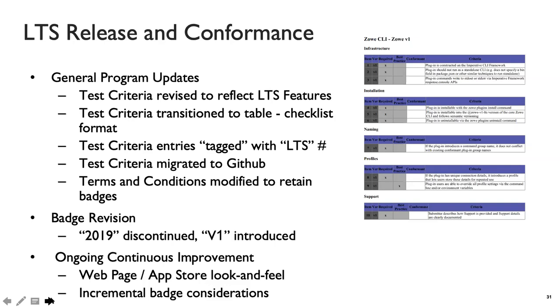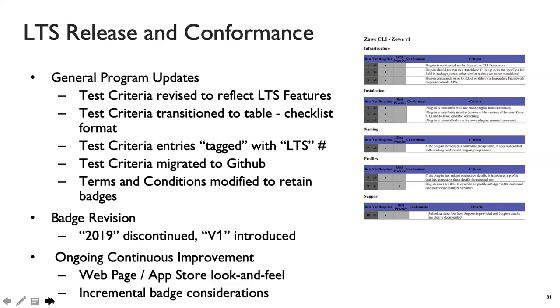We modified the terms and conditions to allow extenders to retain badges. The prior terms and conditions gave the extenders a limited window of time in which they could apply for the latest conformance. We heard back from a few of the extenders through the onboarding squad that that was not achievable nor desirable.